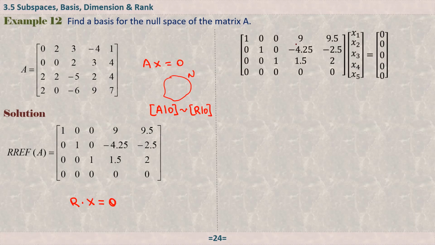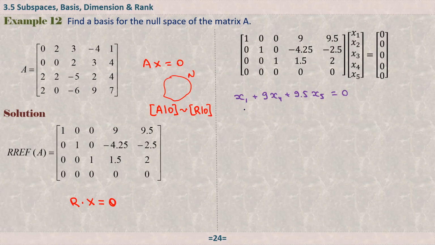If you write our system again, the first one will be 1 times x1, plus 9x4 plus 9.5 x5, that's equal to 0.